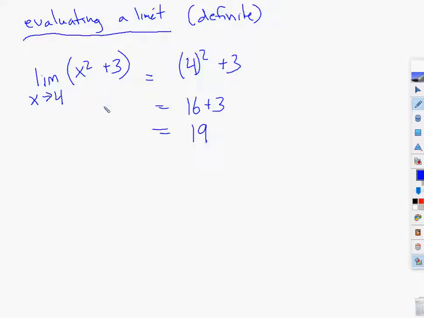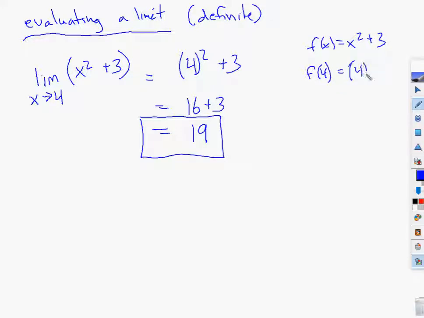I'm not just evaluating it like you're in Algebra 1. I'm not saying, okay class, f of x is x squared plus 3, find f of 4. I know this is a subtle distinction. You put in 4, you get 16 plus 3, and you get 19.